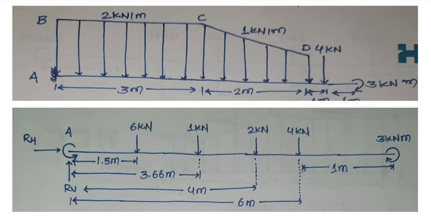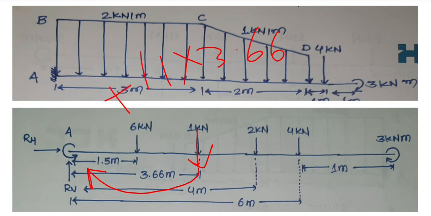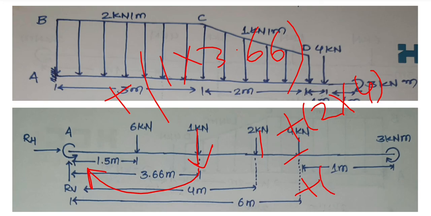Now this 1 kilonewton force is also in a clockwise manner, so 1 into 3.66 is positive. Now 2, in the same way positive, 2 into the distance 4, and in the same way the 4 kilonewton force, so positive 4 into 6.